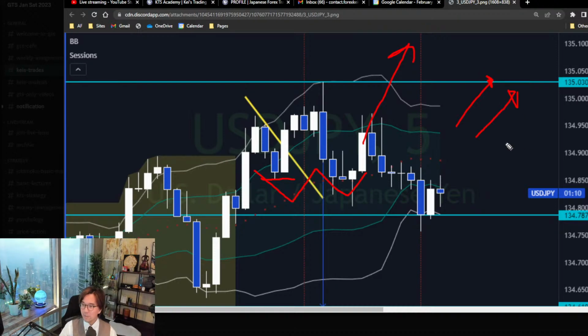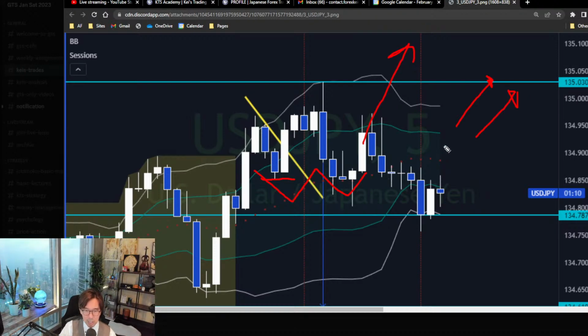So I was waiting for the potential W bottom and bullishness in M5 and a breakout of the new resistance 135.03 on M5, but it didn't happen.